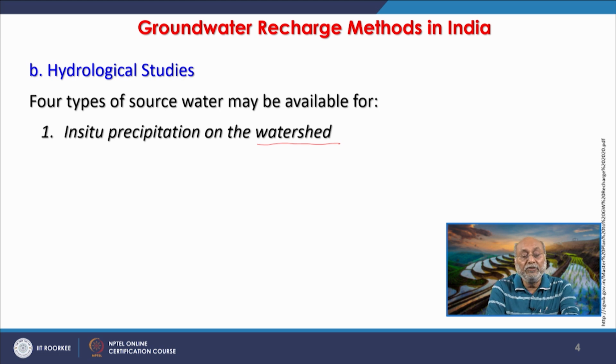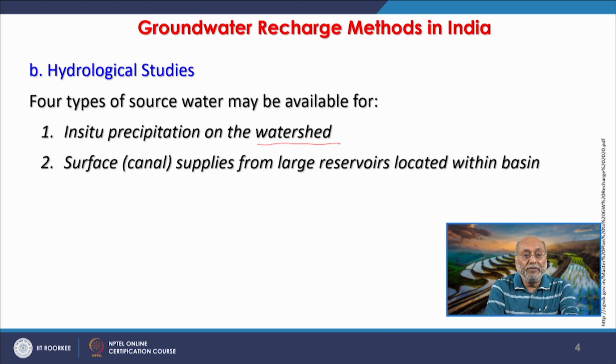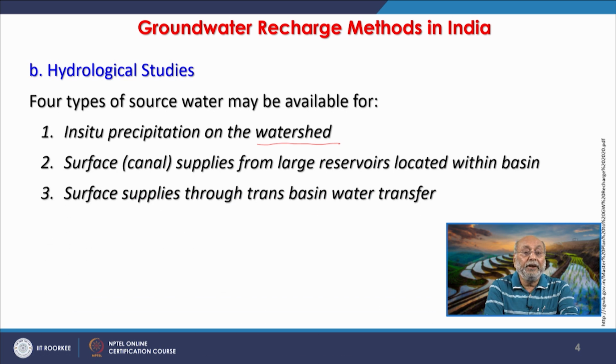The sources are: in situ precipitation on a particular watershed or the watershed under study; surface water bodies like surface canals supplying water from large reservoirs within the basin or watershed; and surface supplies through trans-basin water transfer.